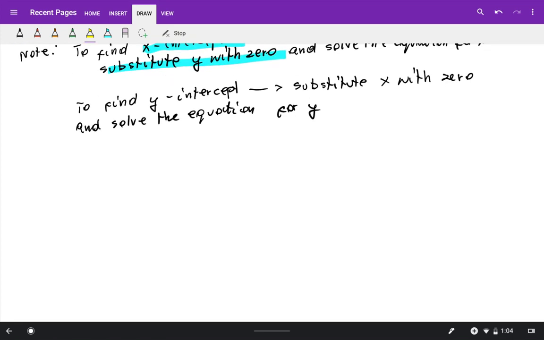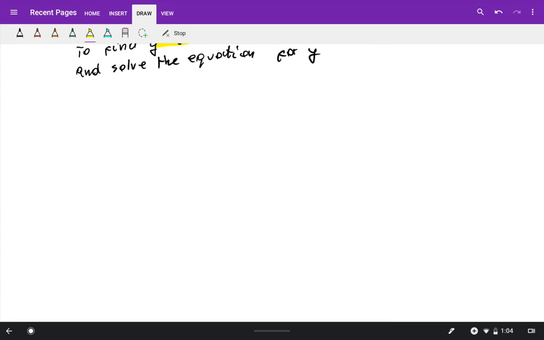So to find the y-intercept, we're going to substitute x with 0. Okay, so let's make the example. Given x minus 3y equals negative 4, we need to find x and y intercept.